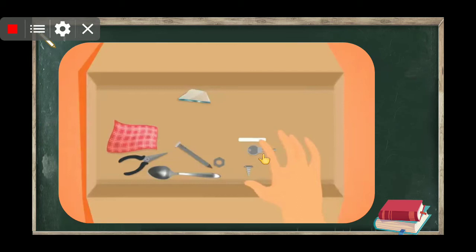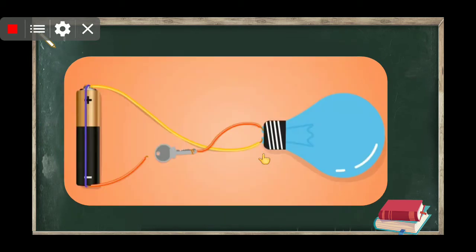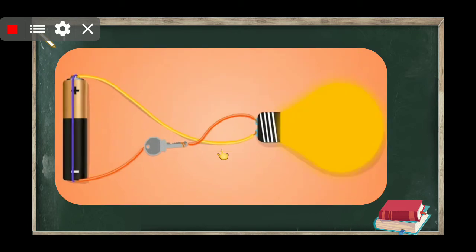I have taken different materials. In the first place, I have taken a metal key, and if I connect these two terminals with the key, will the charge flow in the circuit? Yes, the charge will flow, as metal is a conductor of electricity.